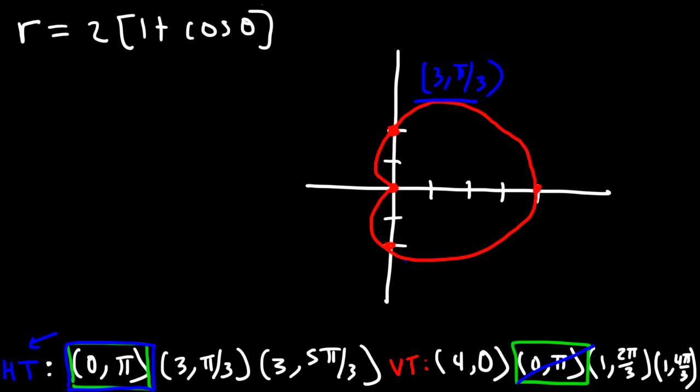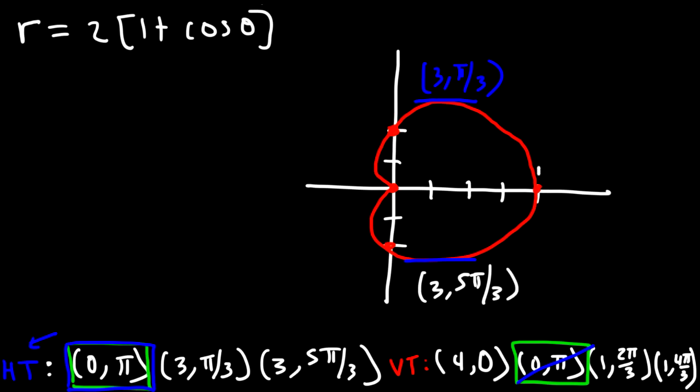Now what about this horizontal tangent line? If we draw a line between the origin and the tangent line, this angle, that's a negative angle, but this angle here, notice that it's 5 pi over 3. And so this particular horizontal line corresponds to the point 3 comma 5 pi over 3.